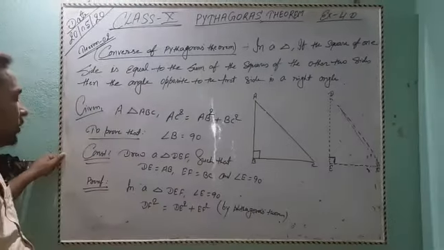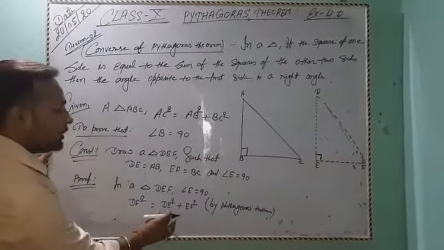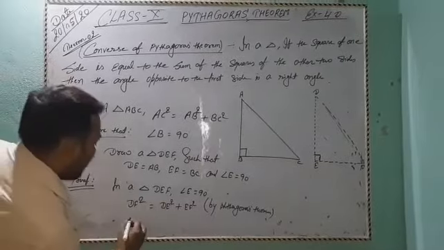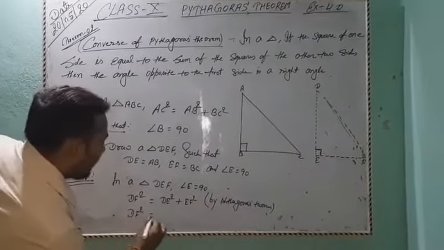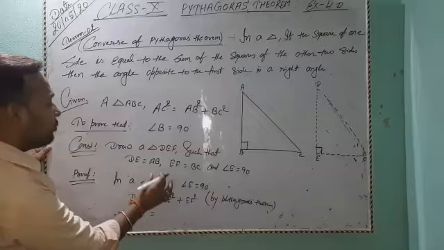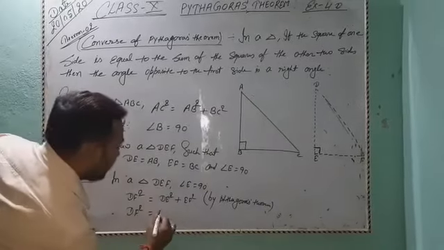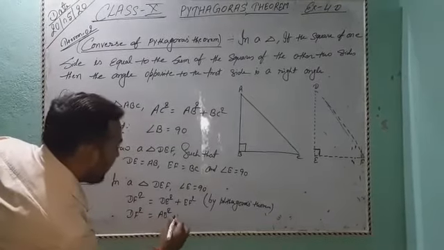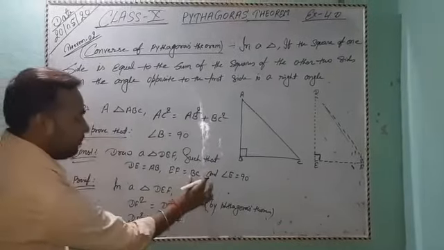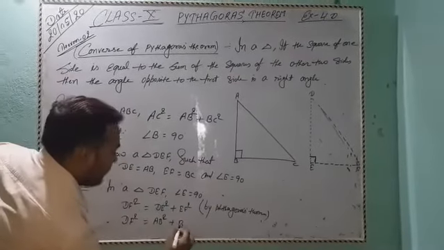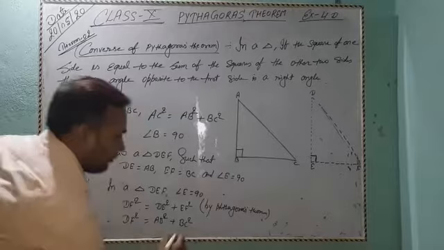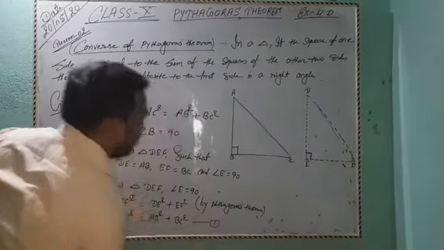DE equals AB, so we put AB square, plus EF equals BC, so plus BC square. Equation 1.